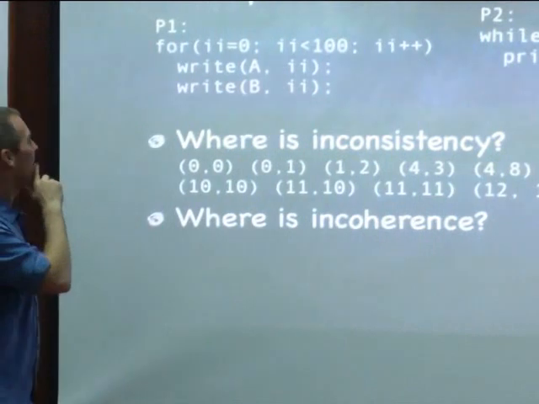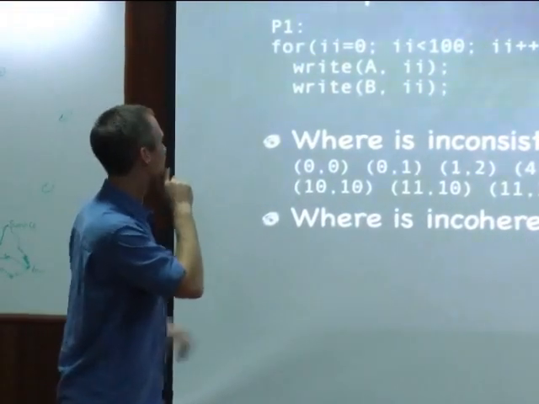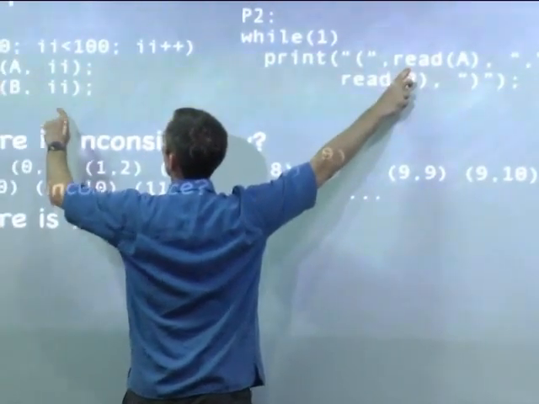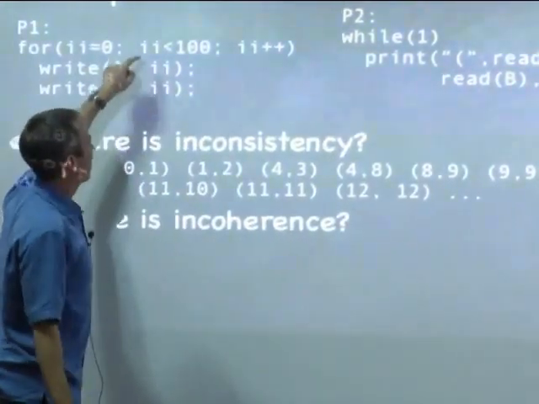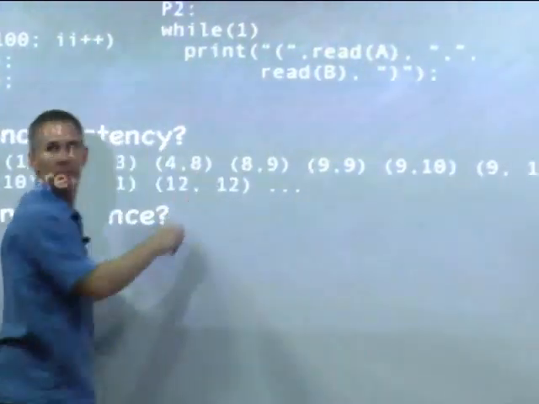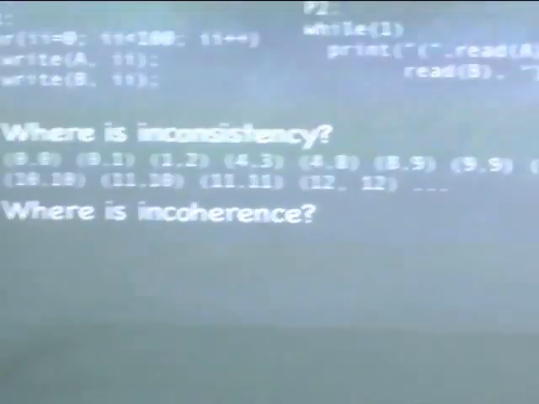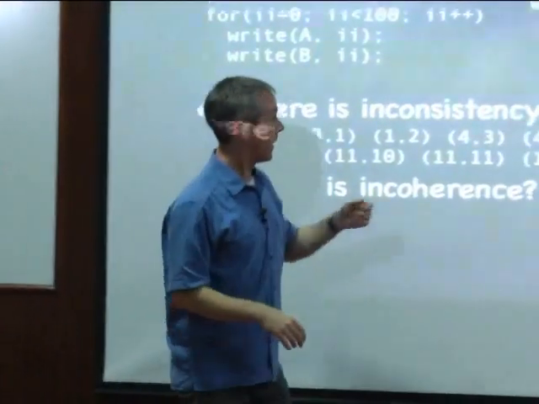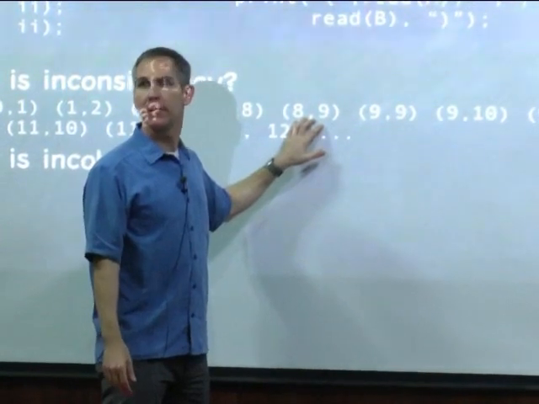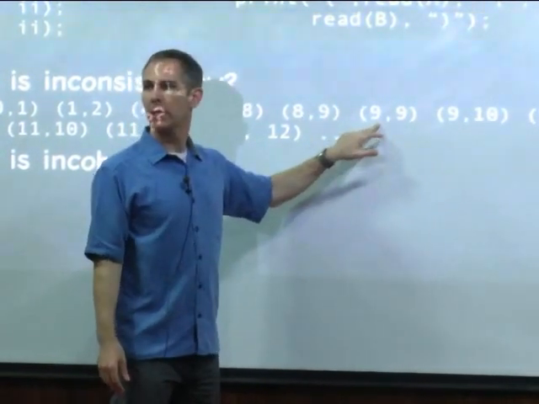So is this okay? All right, so I'm going to read 4, write 5, write 6, write 6, write 7, write 7, write 8, write 8, read 8. Could happen on a local machine. 8, 9. Yeah. 9, 9.